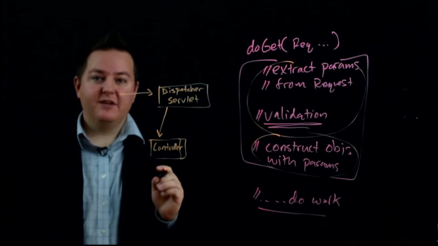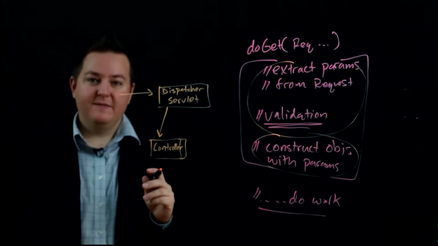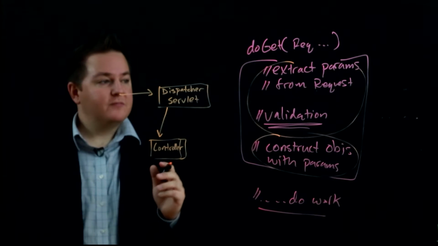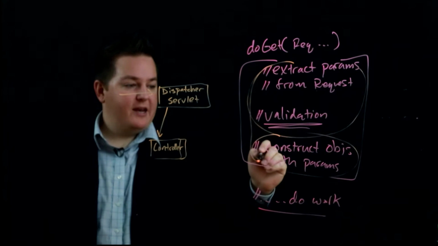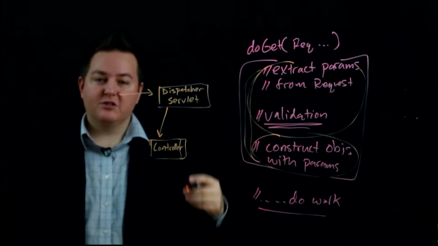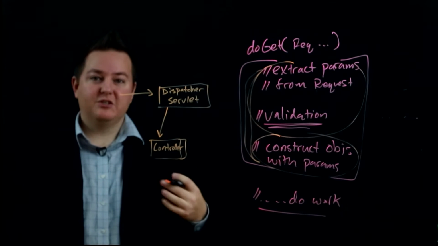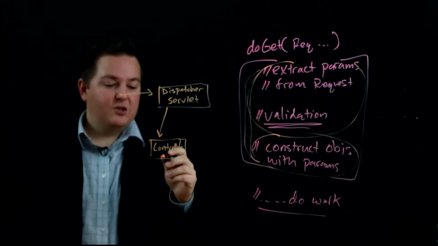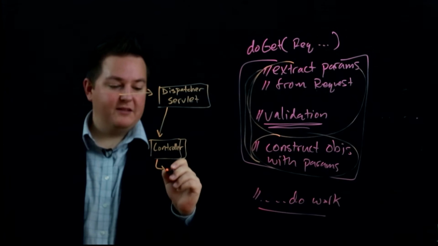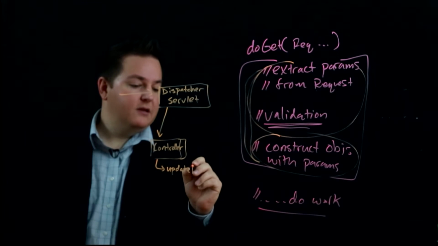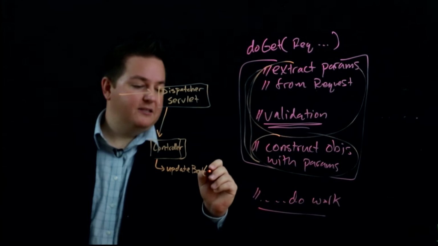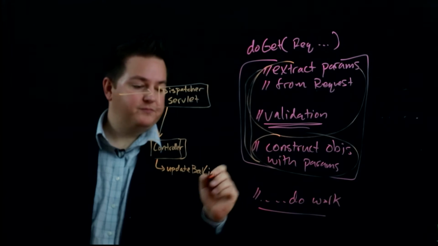But the wonderful thing about the Dispatcher Servlet and the Spring Framework is that it allows us to stop writing all of this boilerplate code to extract parameters and just write standard methods. So our controller can have simple methods like updateBalance. And we'll just call that updateBalance that takes an integer, for example.